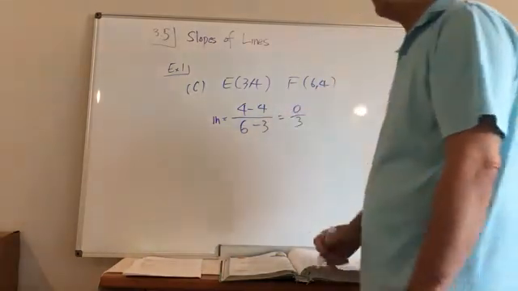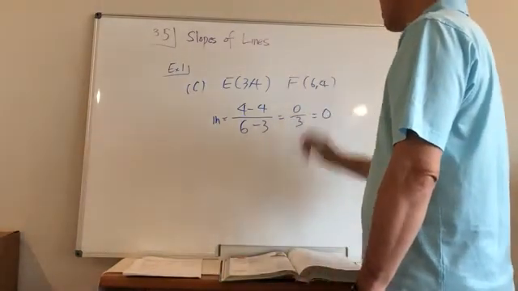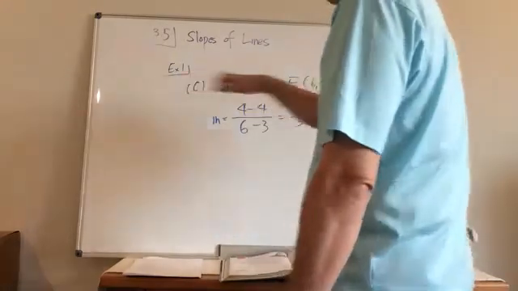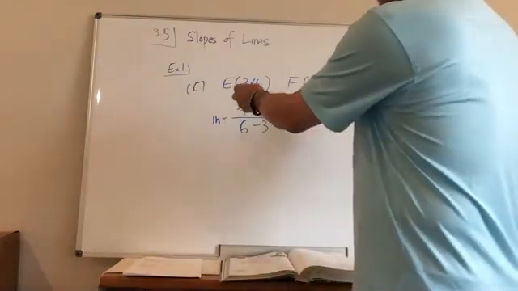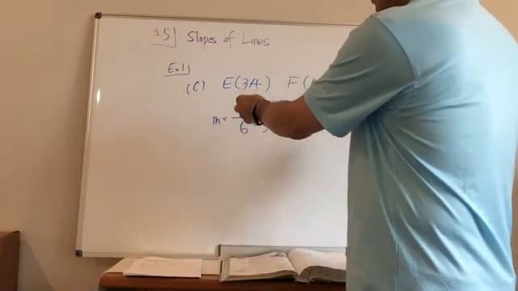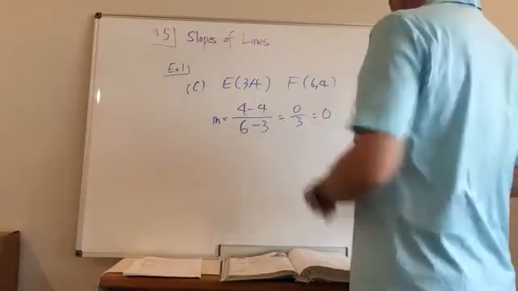Now this we're allowed to do. You can divide 0 by whatever you want to, and it's always going to be 0. So you have a 0 slope. This is a horizontal line. In other words, you went a certain amount of run, but you did not rise or fall or do anything, right? So you have 0 there. Okay, let's get to D.